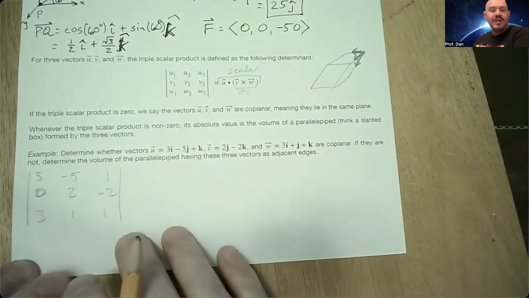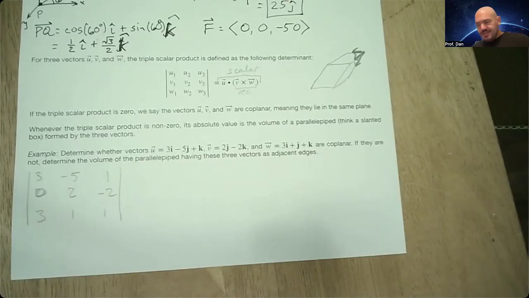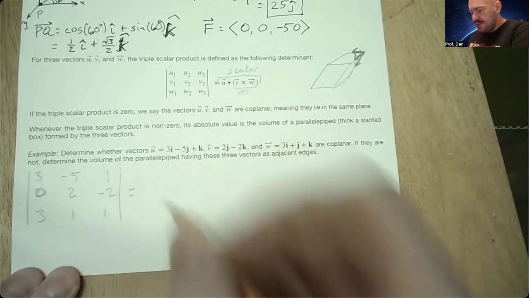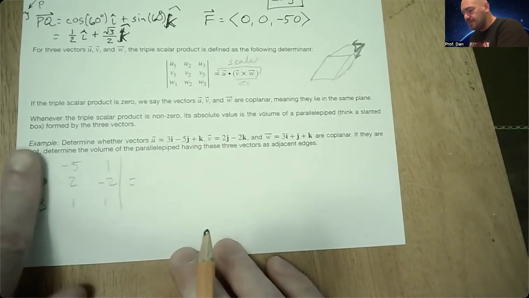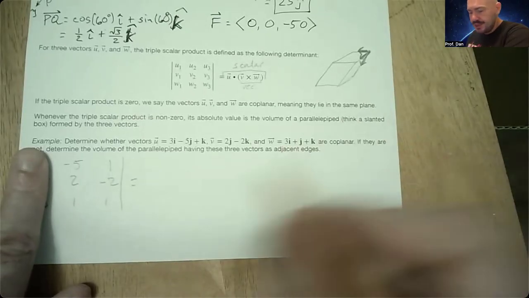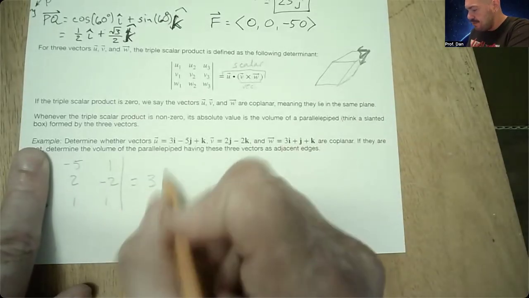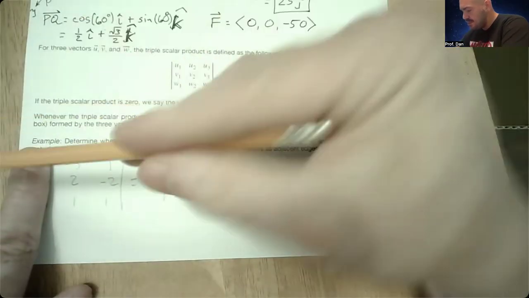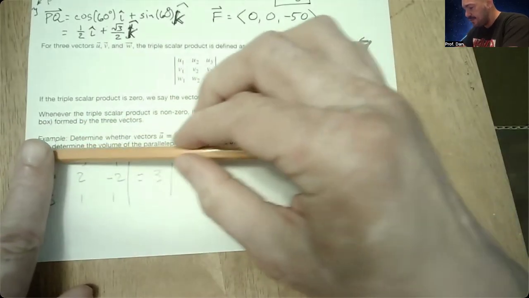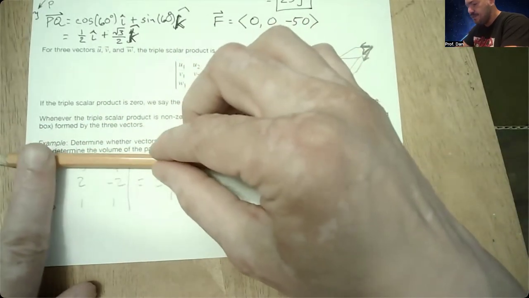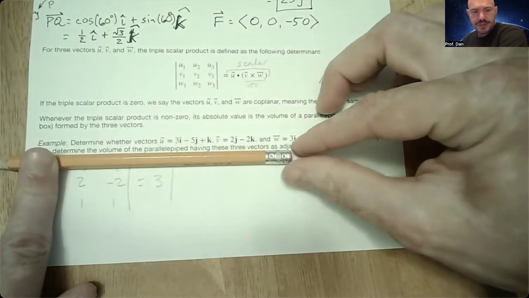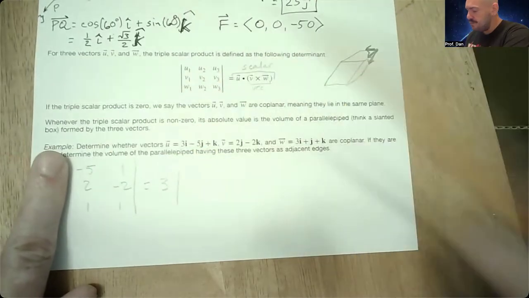Okay. So remember how this works. It's just like if we were doing a cross product. Start off by covering up the first column. The top number was 3. The 2x2 determinant that's left over, remember we're taking out the first row for all of these, we get 2, 1, -2, 1.